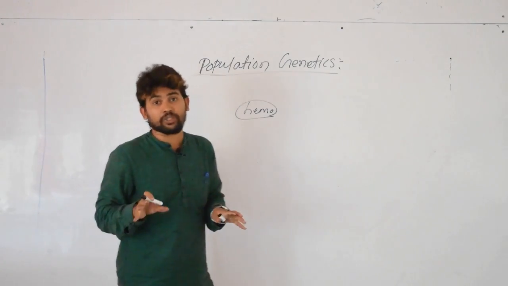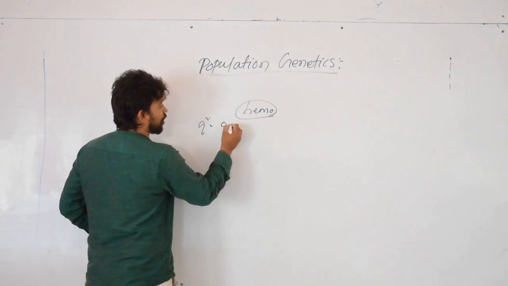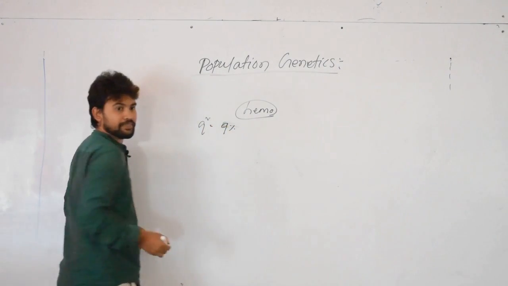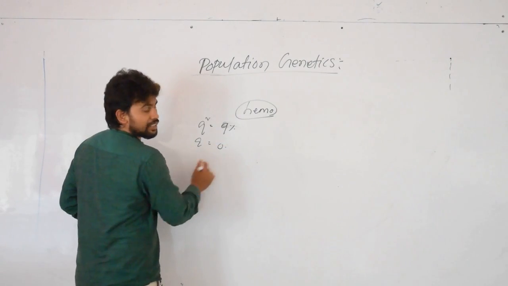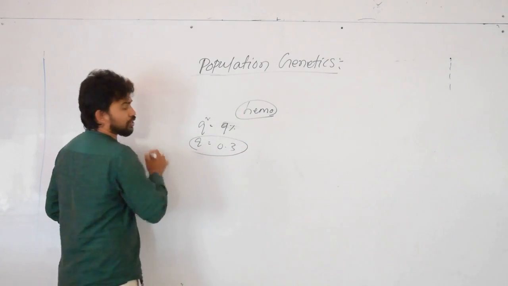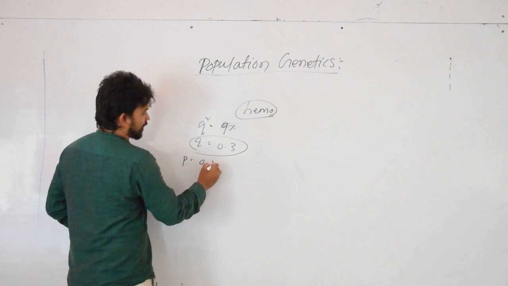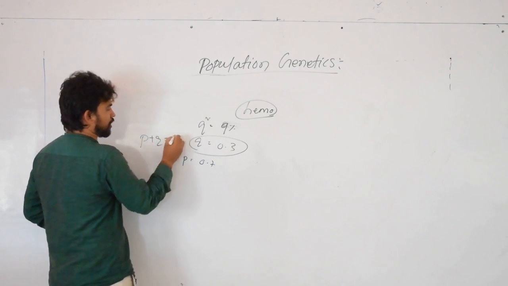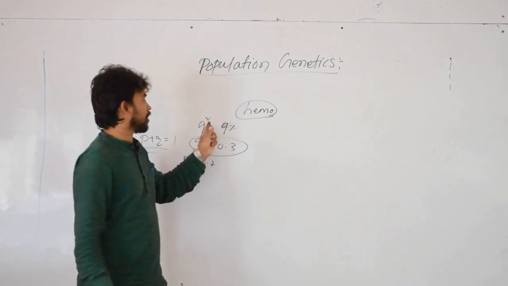So it is already given that Q square is equal to 9%. Then Q is equal to how much? 0.3, yes or no? Once you got Q is equal to 0.3, then P is equal to 0.7, because we know P plus Q is equal to 1.